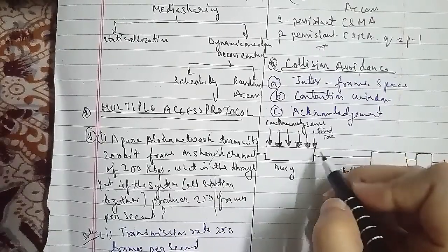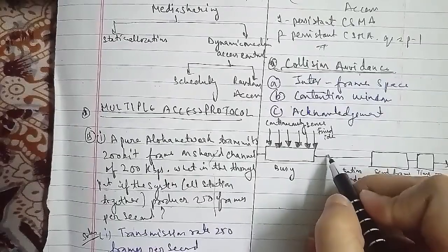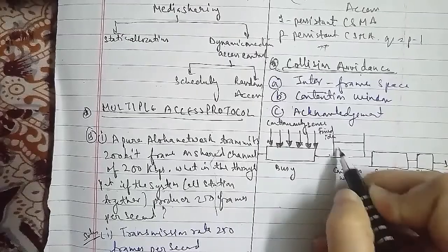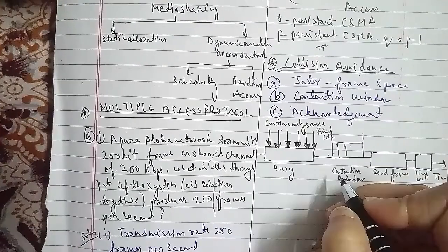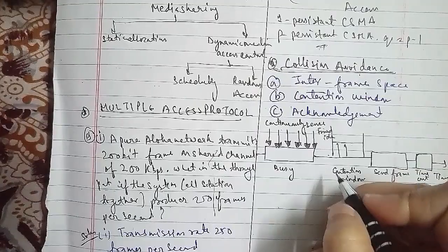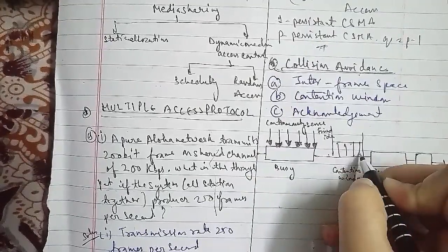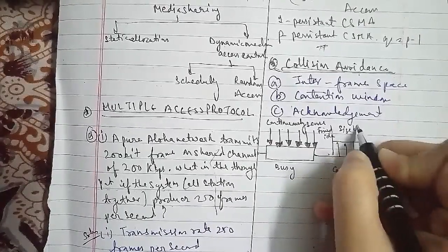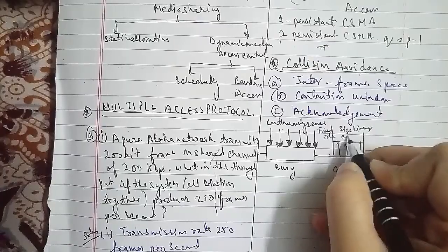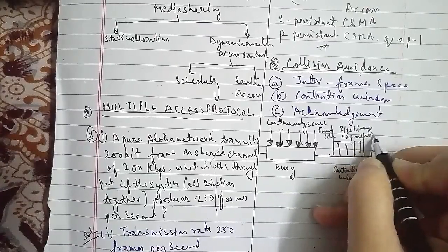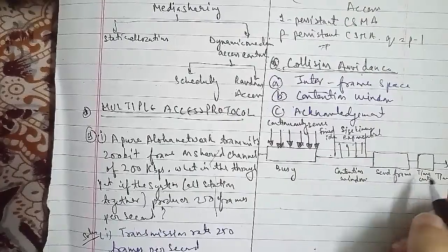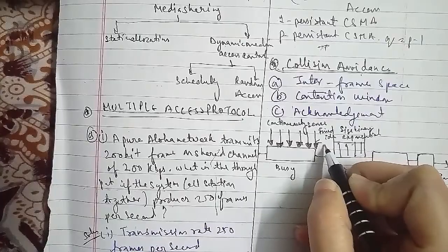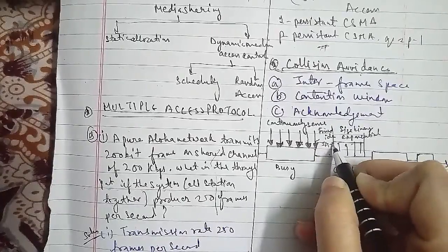On the contrary, there is the binary exponential backoff, the send frame timeout with respect to time, and what we have as the IFS. This is the CSMA/CA method.